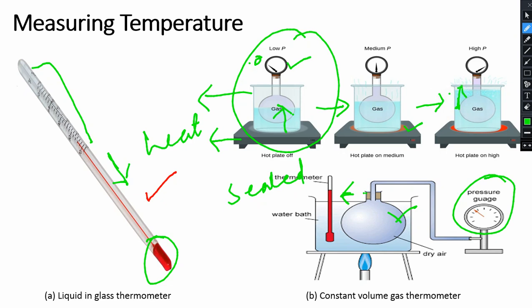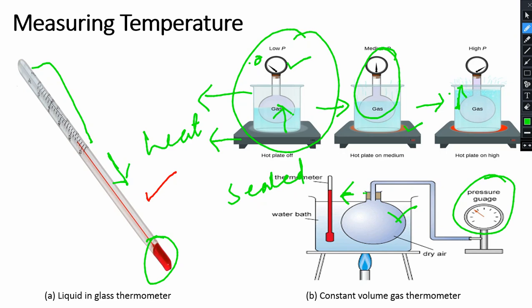Now what is the relation between the pressure and the heat? Well, in a closed container, look at this bottle, it is closed, it is sealed here. In a closed container, the amount of air is fixed, and the pressure is directly proportional to heat.